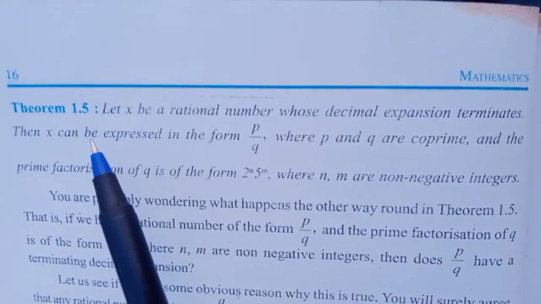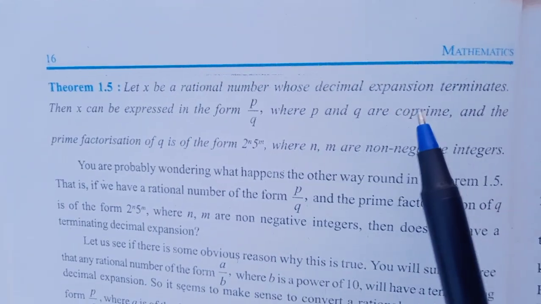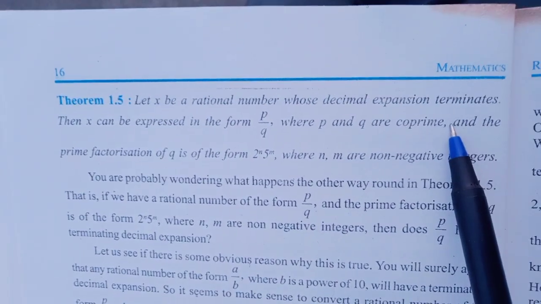Today we are going to study exercise 1.4, decimal expansion of rational numbers. Theorem 1.5: let x be a rational number whose decimal expansion terminates.